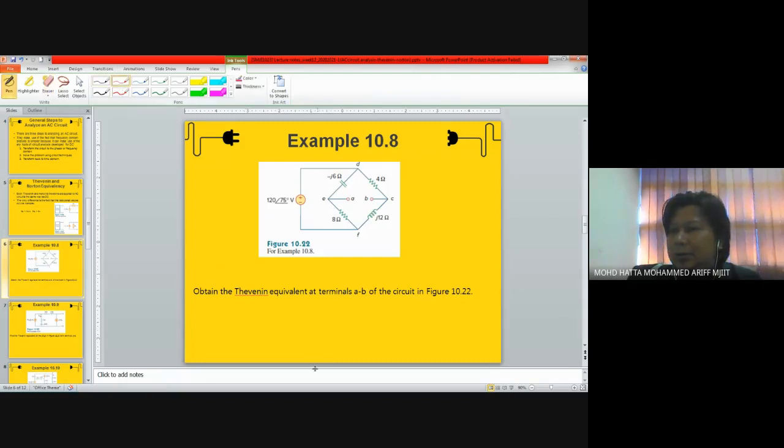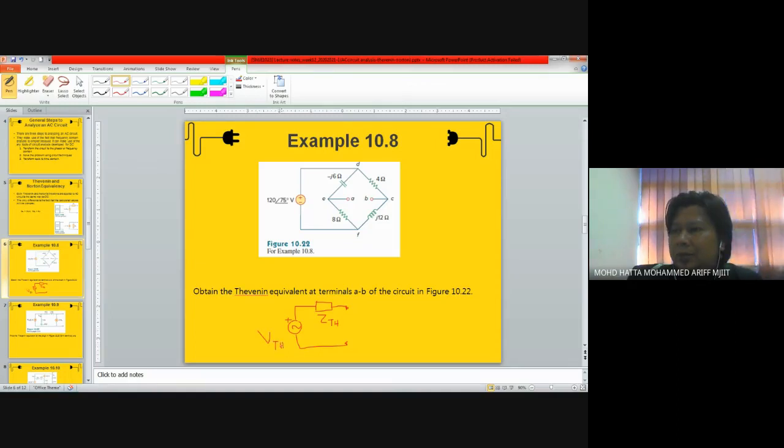Let me erase this first. And put this part as positive. You should expect a Thevenin equivalent circuit, which is a voltage in series with our impedance. So this one is our ZTH, and this is our VTH.